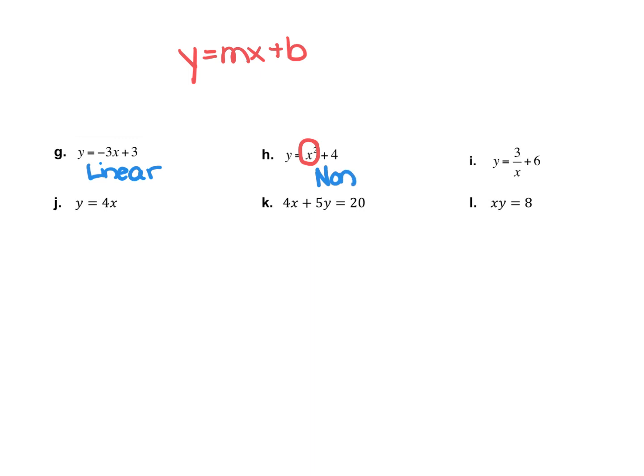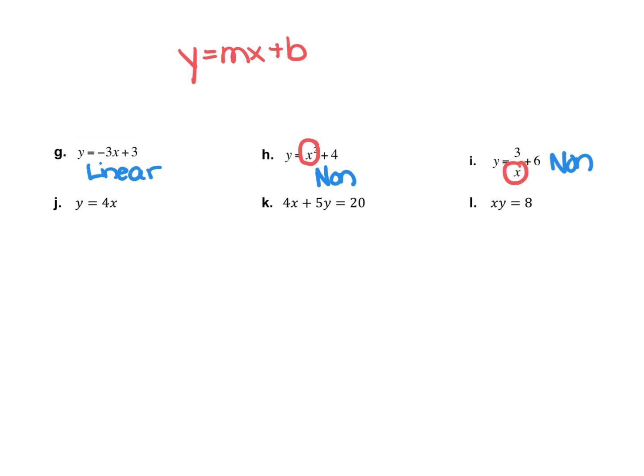All right, for letter I, we have y is equal to 3 all over x plus 6. And so also remember, when we were talking about linear versus nonlinear, we said that if the x ever is at the bottom of a fraction, that is going to make it nonlinear. So this equation right here is nonlinear.